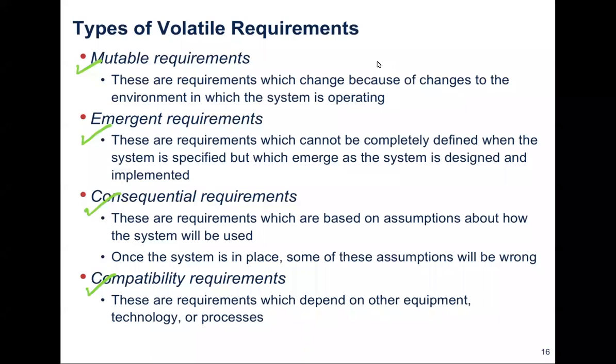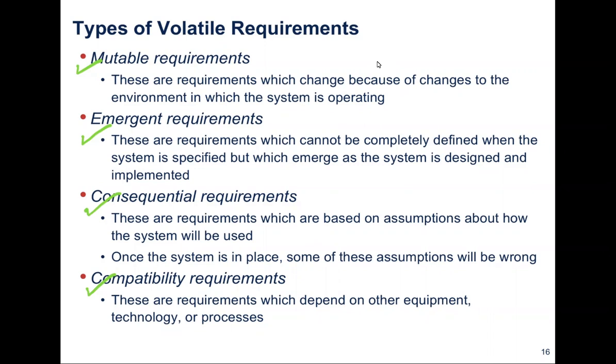So they are consequential, aligned to changes based on the assumptions. That's why they are volatile, because once the assumptions change, those requirements also change. That's why we call them consequential requirements.